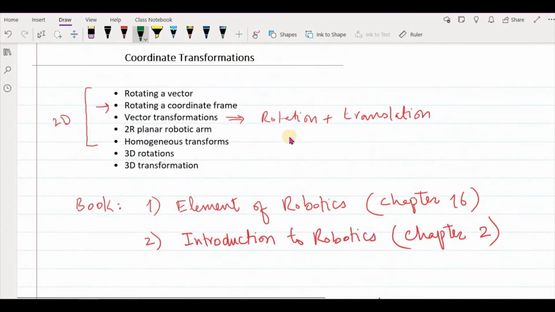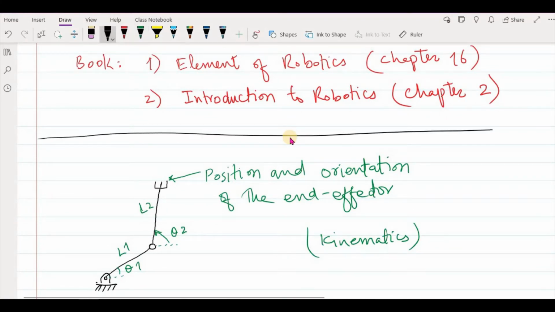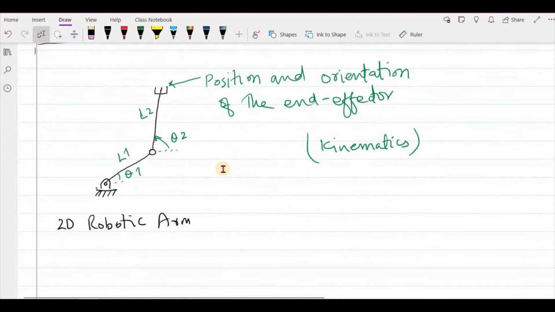We are studying the coordinate transformations, where we shall study transformation matrices, and the reason for doing all this is because we are interested in finding the position and orientation, and for that we need some kind of transformation of the coordinates so that we know where this end effector is located with respect to the base of this robot. Okay, so that's why we want to study it.